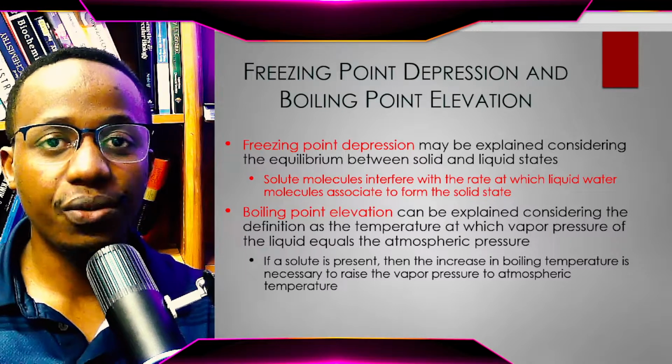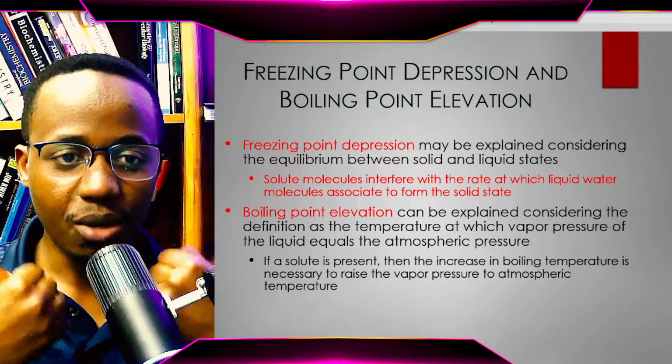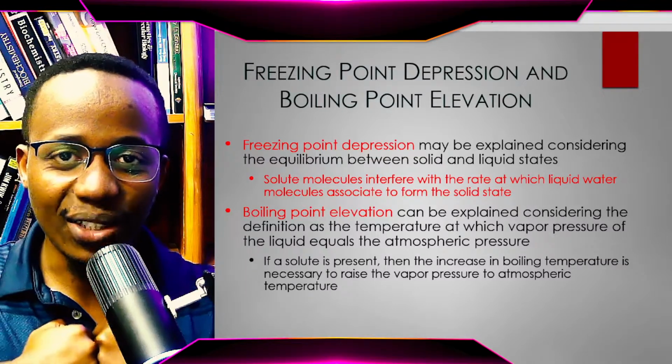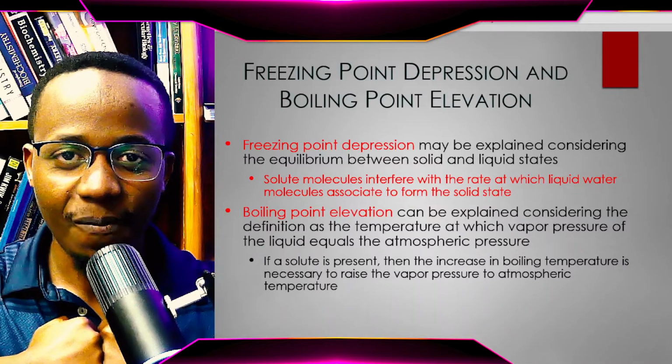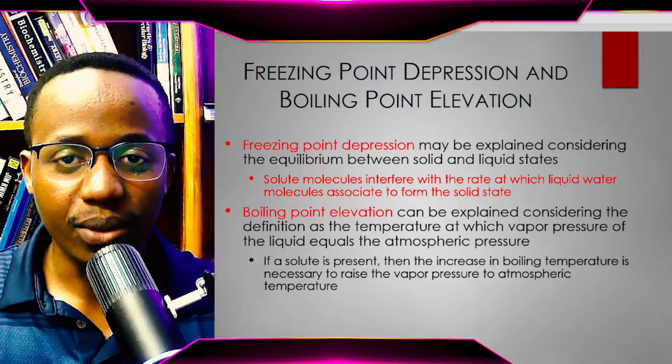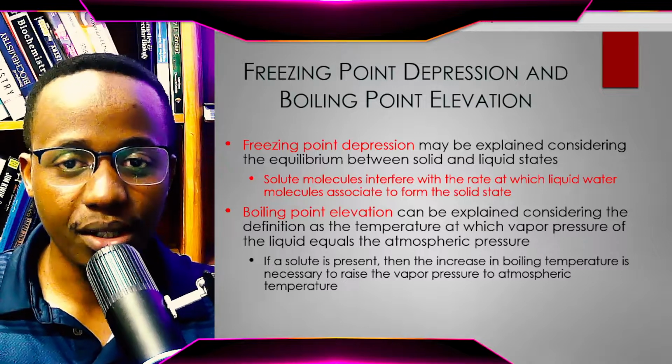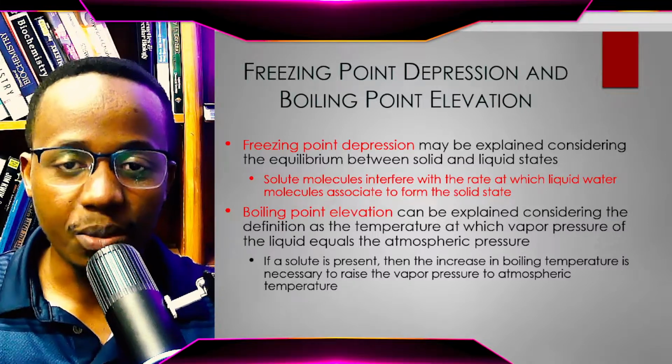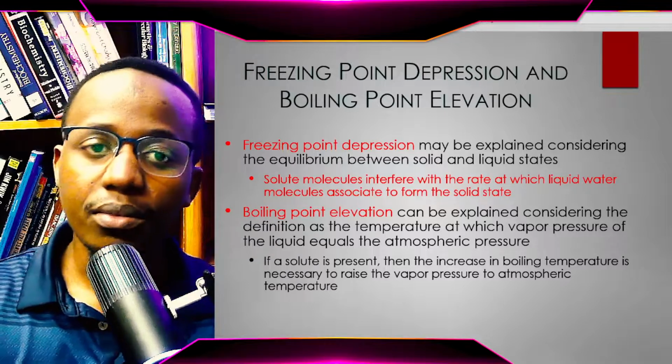Because when water freezes, the molecules of water are just connecting together, they're getting together. Well, if you have something else in between, they won't get together as fast or as much. So because of that, these molecules are going to interfere.